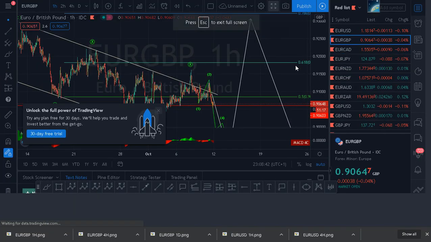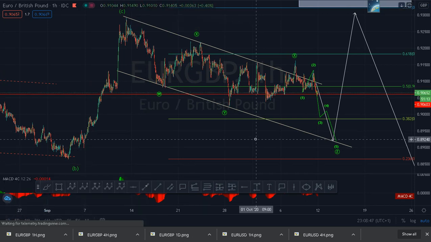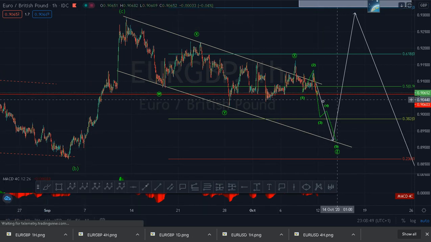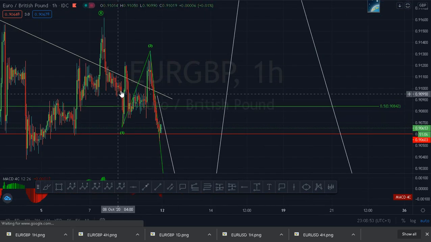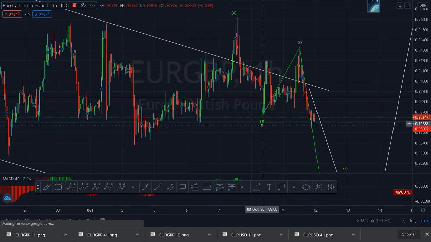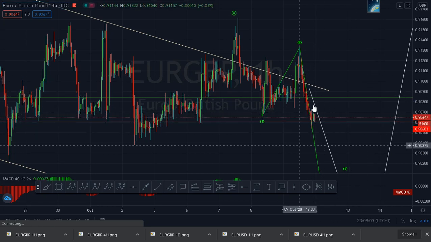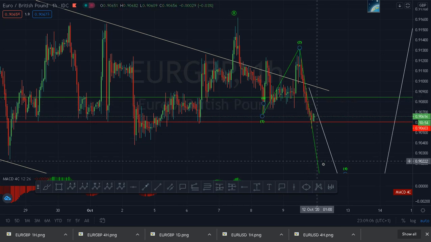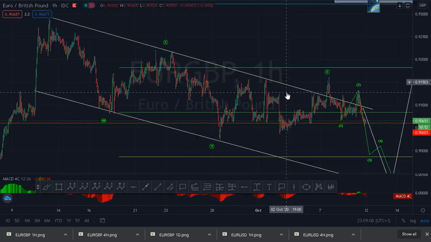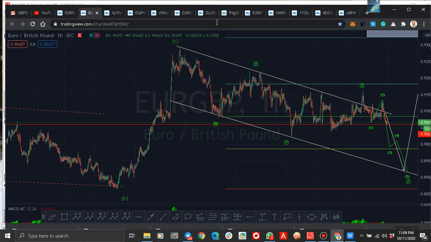We don't have a gap. So the market just opened, and as we can see, the price is just bouncing up and down along this line. So let's keep watching. I believe we have another drop before we have a buy. So I think that will be all.